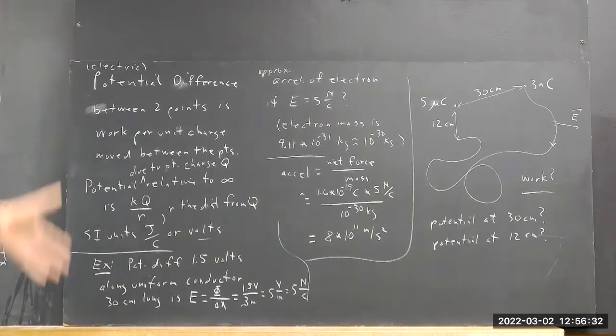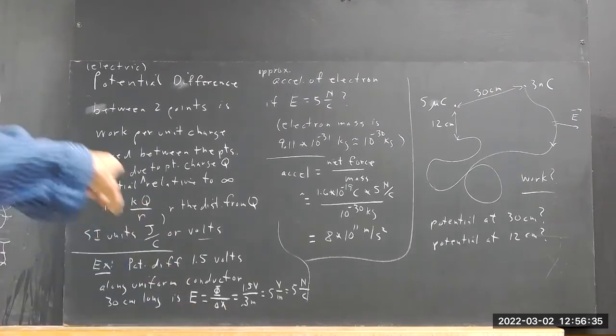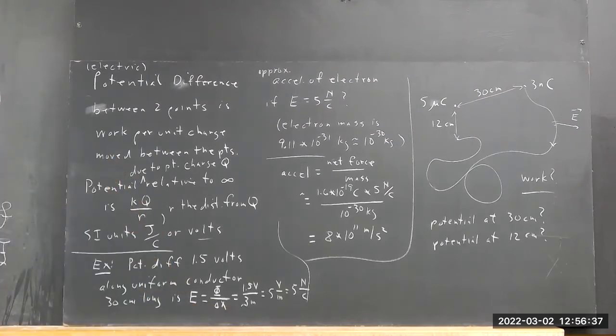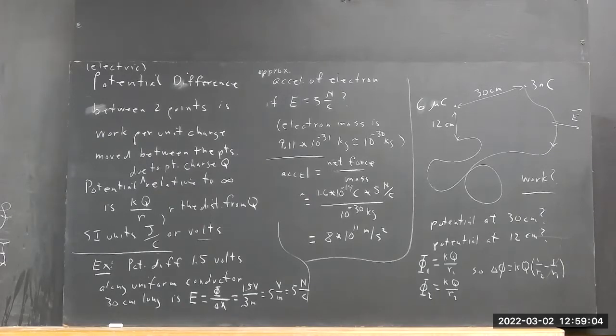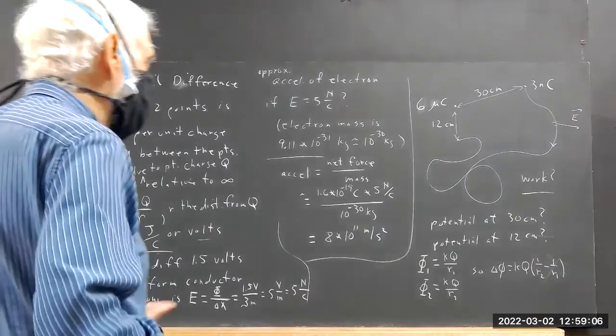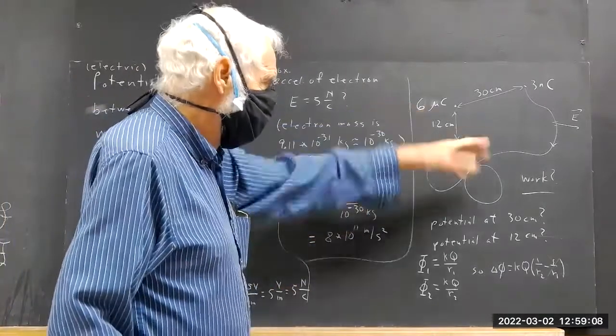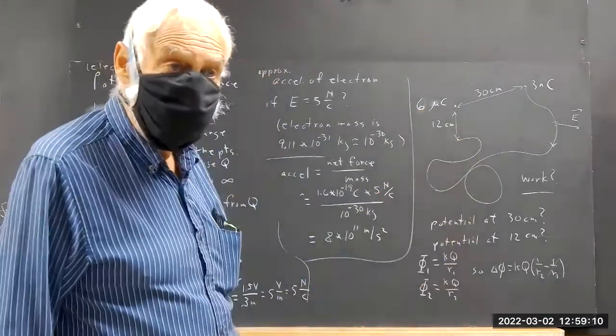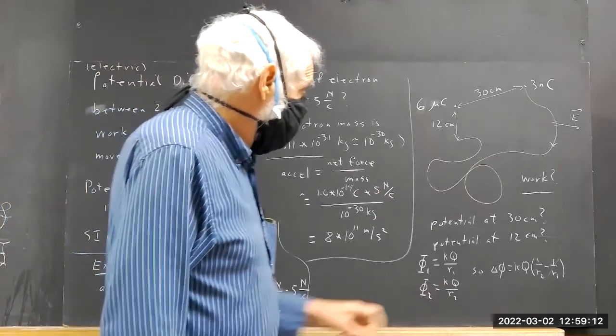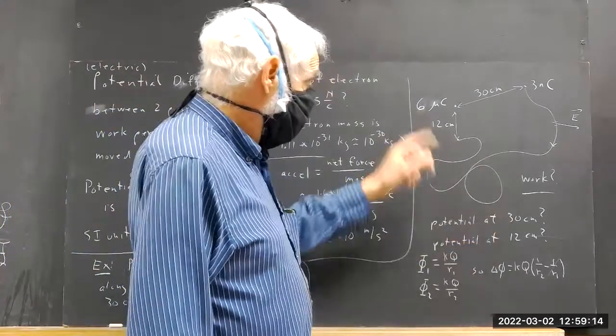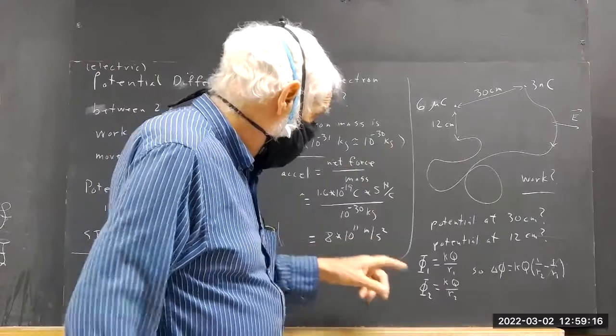The answer goes back to that Q thing. All right, so I changed from 5 microcoulombs to 6 because 6 is easier to do with that. Okay. Easy to divide 30 into 6, easy to divide 12 into 6.